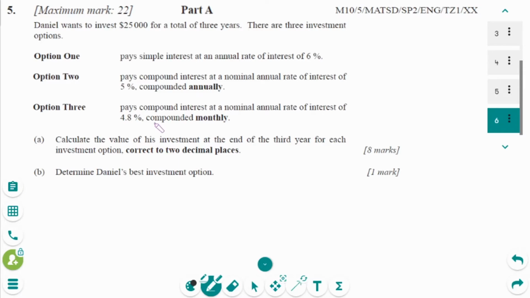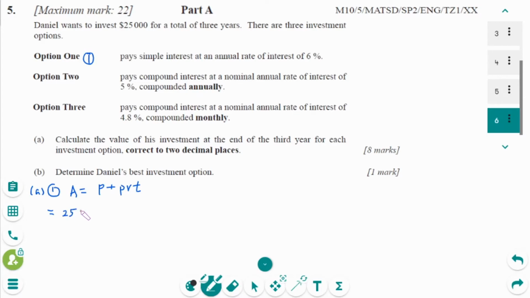This is the last one. It is the May 2010 essay paper 2 studies question. Number A, option 1, the amount A equals P plus PRT.